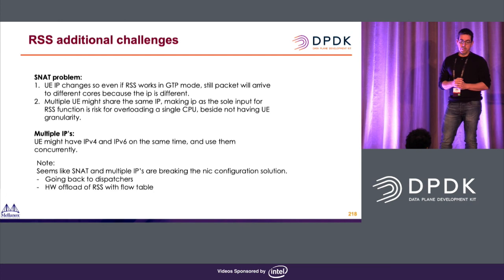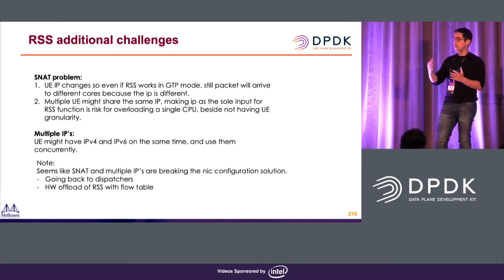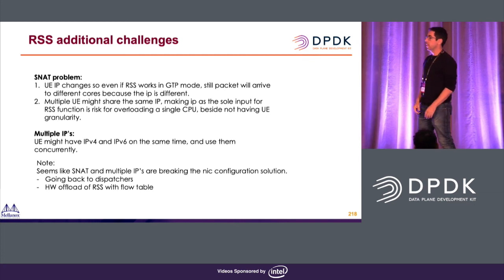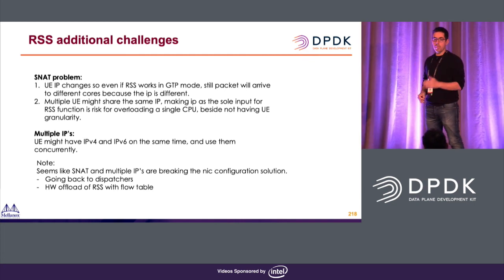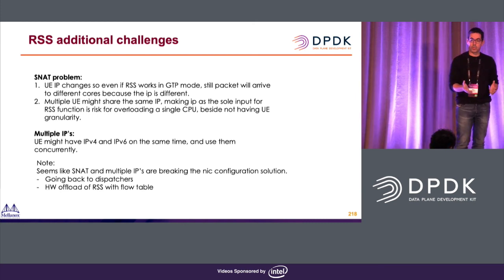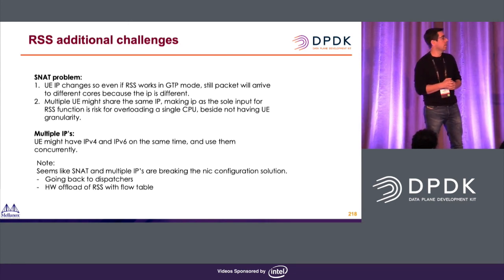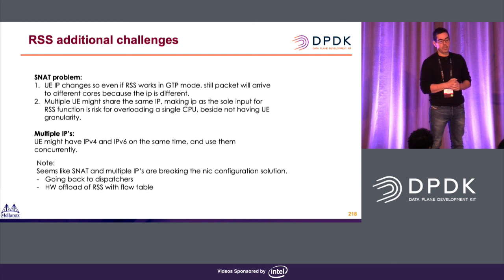Another problem, this is a harder problem. In some cases, the service provider might allocate 2 IPs, one IPv4 and one IPv6. So RSS won't work here. In this case, you must do some kind of flow table in the hardware, changing the IP and directing the UE according to a predefined mapping that you define in the software.